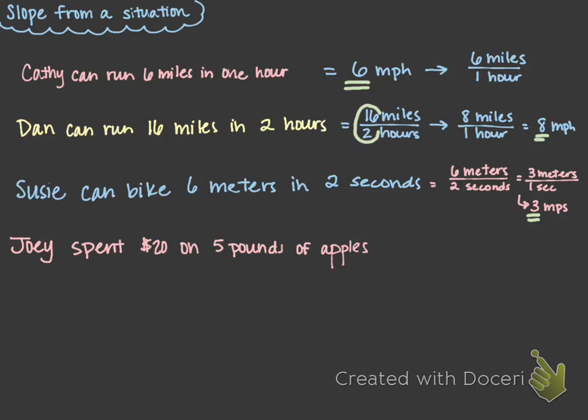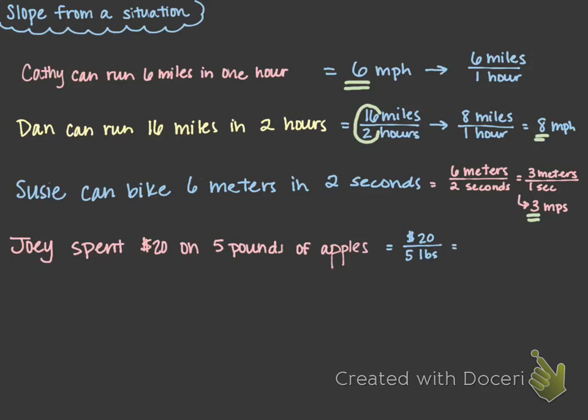All right, finally, Joey spent $20 on 5 pounds of apples. So in this case, we aren't doing a distance over time. This one's going to be dollars over weight. So we have $20 over 5 pounds, or lbs, of apples. We can try to reduce this.